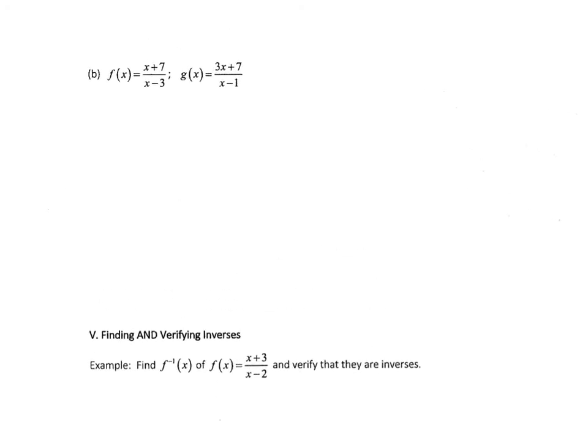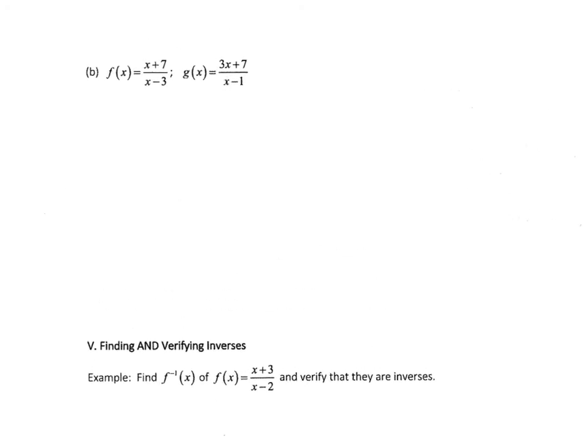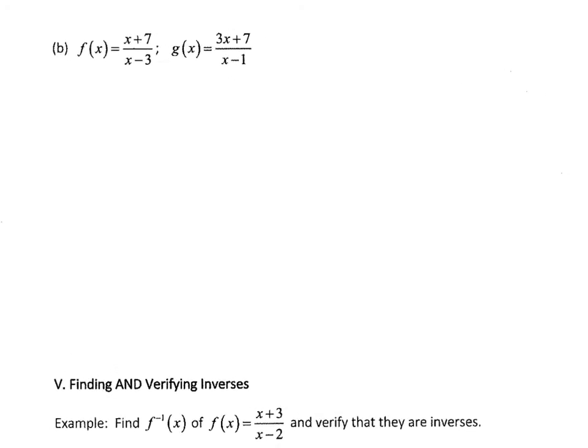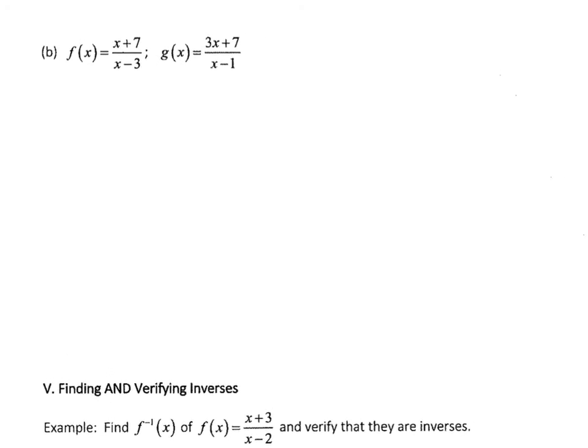So let's try another one. We're just going to be plugging these numbers in. These have some crazy amounts of algebra in them as well, so hang on, we're going to get it. We have f of x and we have g of x, and we're going to compose both of them to see if we can reduce it down to x.